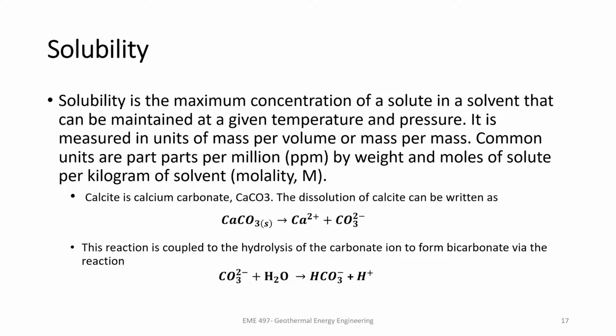This carbonate bicarbonate equilibrium is obviously affected by the activity of the hydrogen ion in solution, which is also the determinant of the acidity of the solution, as we'll discuss later. It is through this mechanism that pH becomes an important control on carbonate dissolution and precipitation.